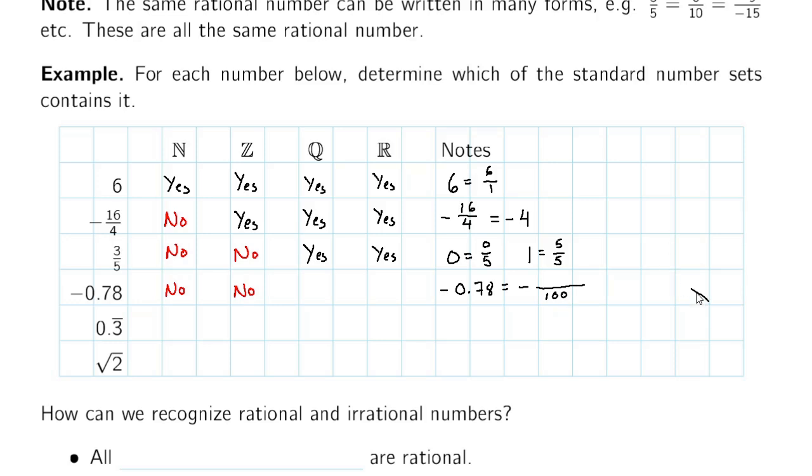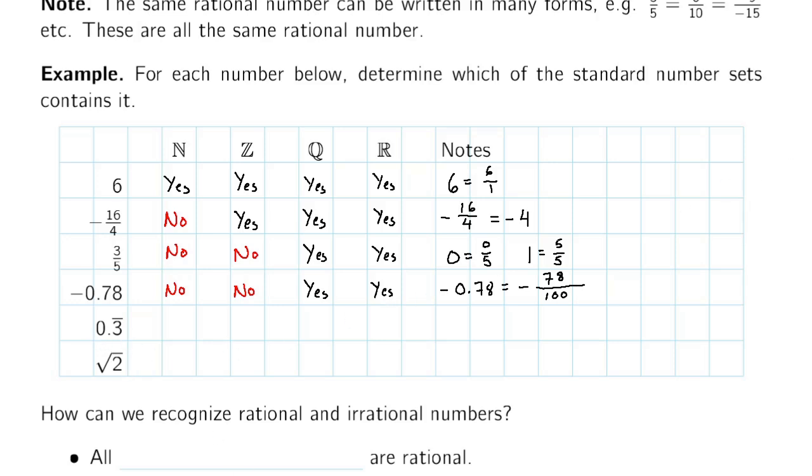There's 2 digits after the decimal point, so I've got 2 zeros in the denominator. And then the numerator is 78. It's just what I see without the decimal point. So I can write that decimal as a fraction. It is a rational number, and then also a real number.